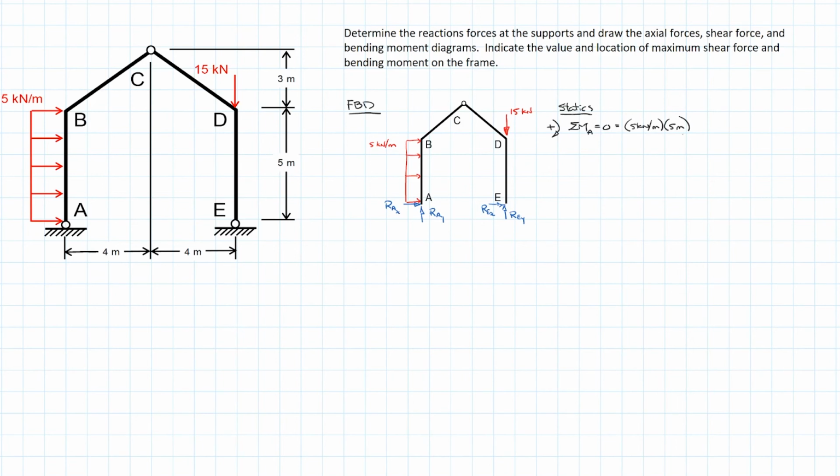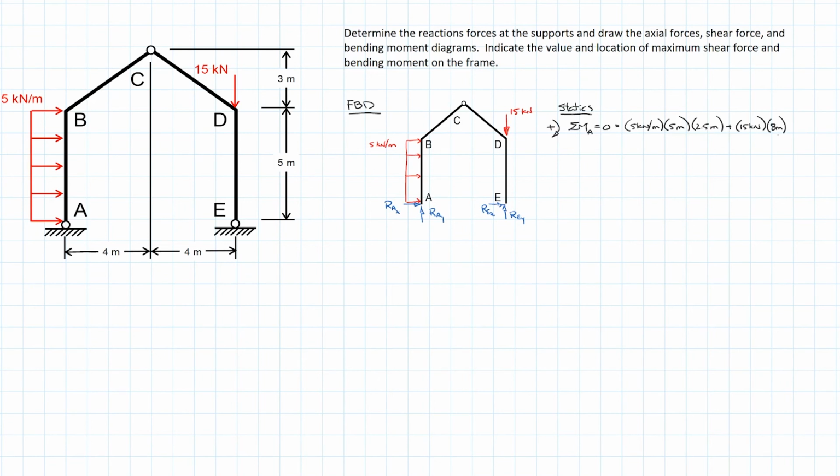So its perpendicular distance from A is 2.5 meters, or halfway up AB. And the 15 kilonewtons also turns it clockwise. So we have 15 kilonewtons, and its perpendicular distance is, of course, the distance between A and E. And so we can put that in as 8 meters.